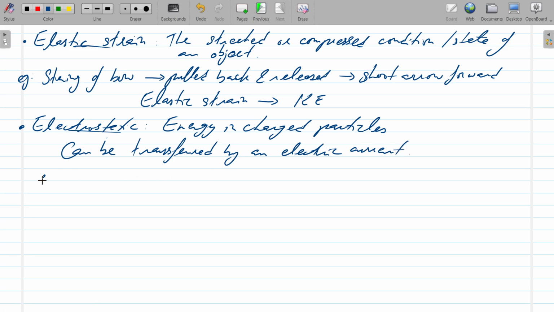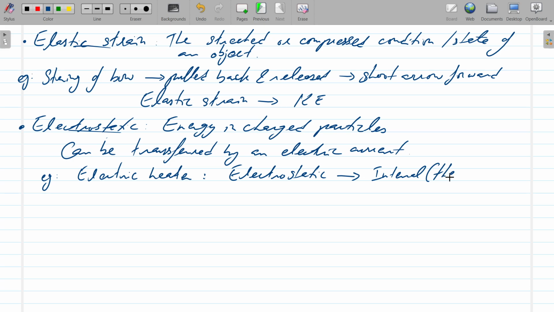For example, you have an electric heater. Winter is near, winter is coming. And so you have electrostatic energy being transferred to internal energy or thermal energy, heat.